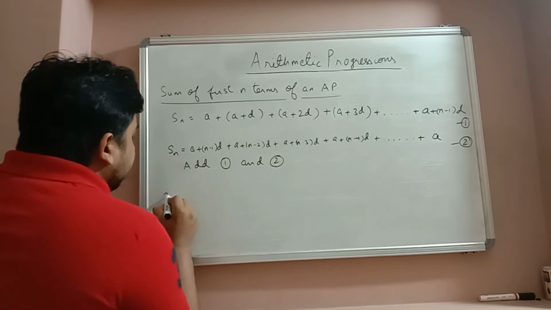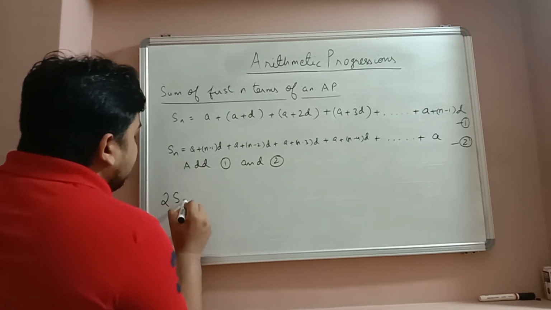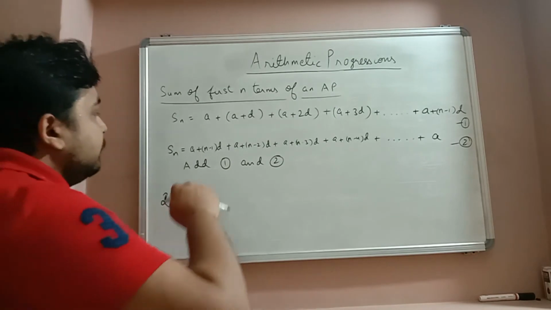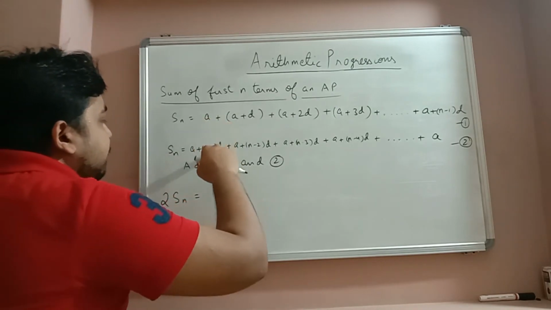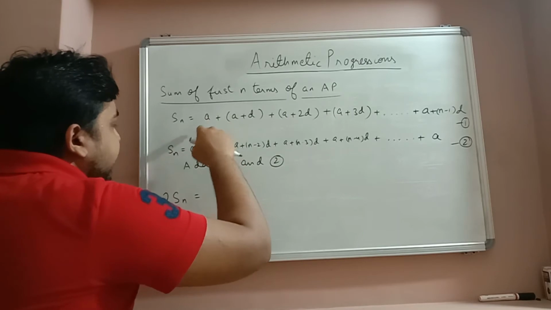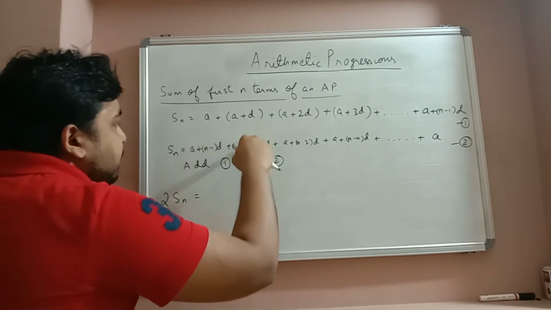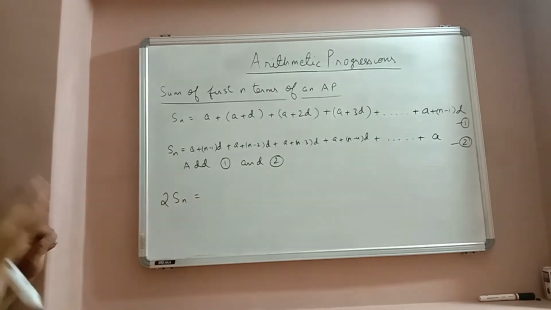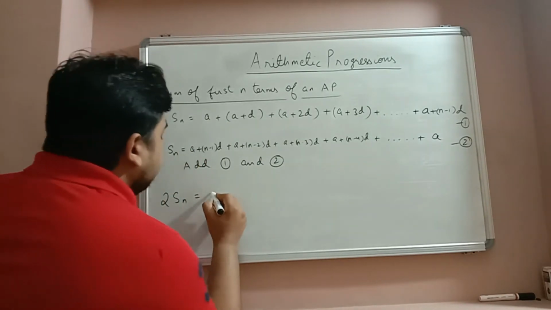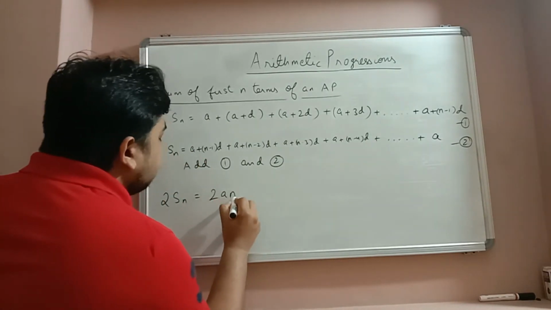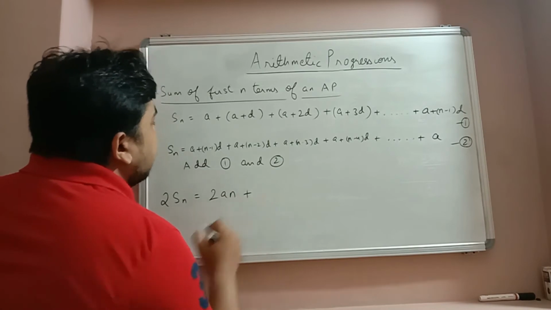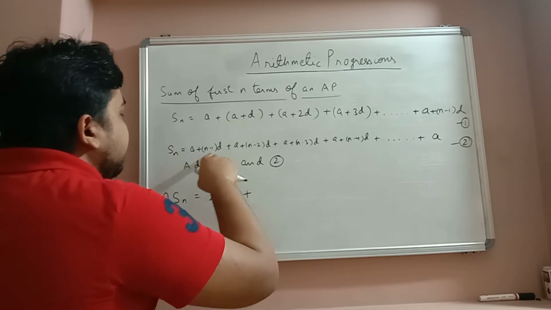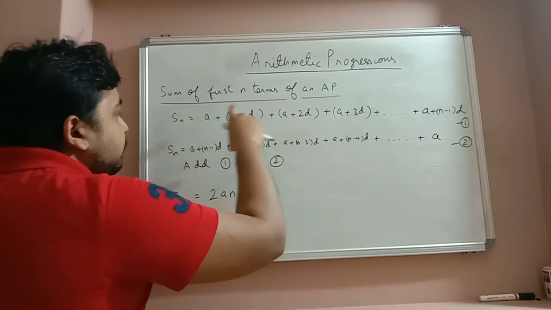Now as we add 1 and 2, we will get 2Sn on the left hand side, and on the right hand side each and every term will get added. So we are getting a plus a in every term, and that is happening for n times. So we will get 2an plus, now taking d common, I will get (n minus 1)d in this term.